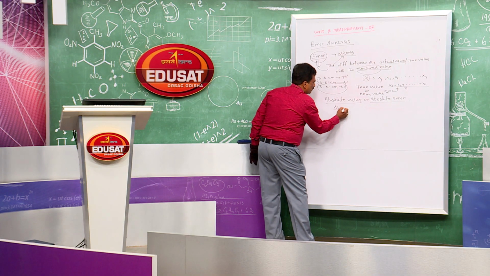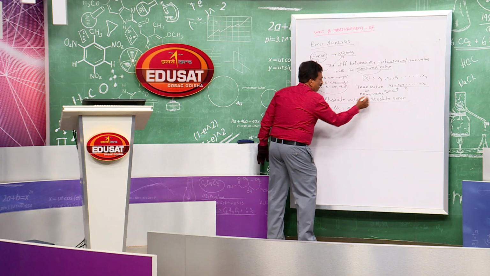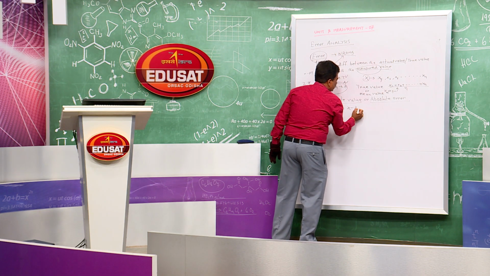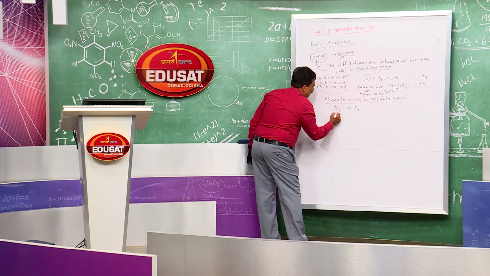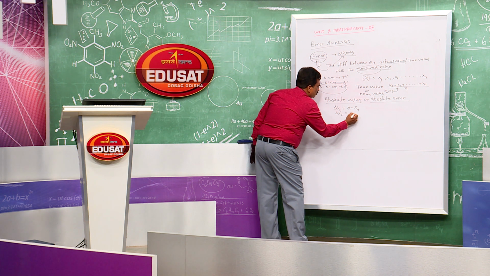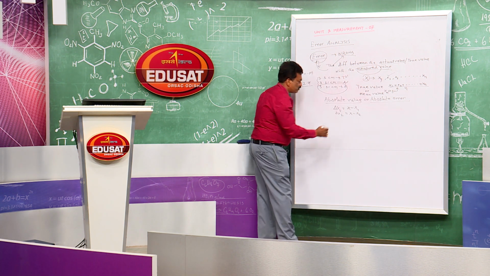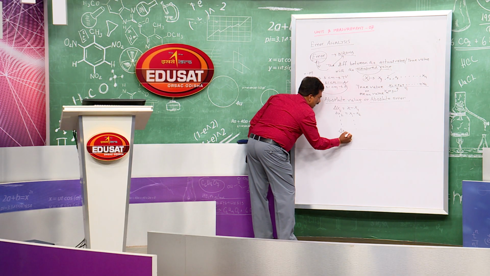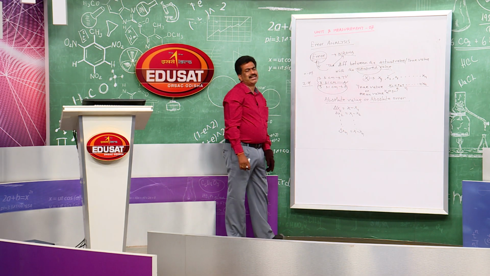For the first observation, we take the difference between the true value x and the first measurement x1, so delta x1 equals x minus x1. Then delta x2 is equal to x minus the second measurement x2, and likewise delta xn is x minus xn.